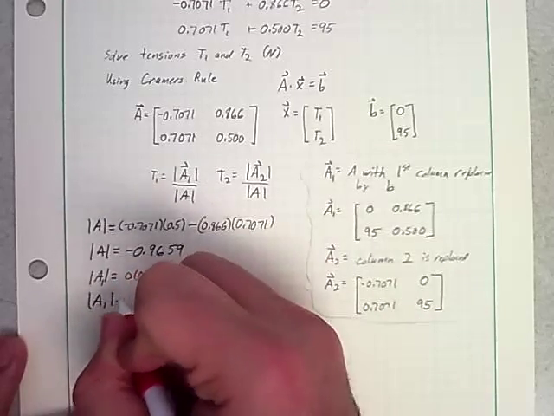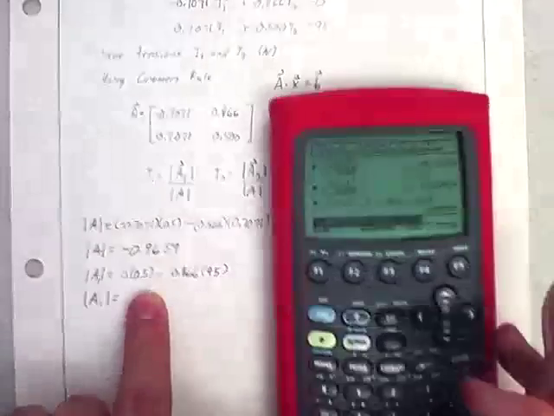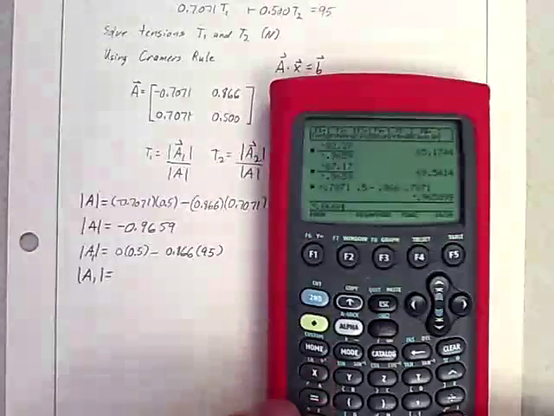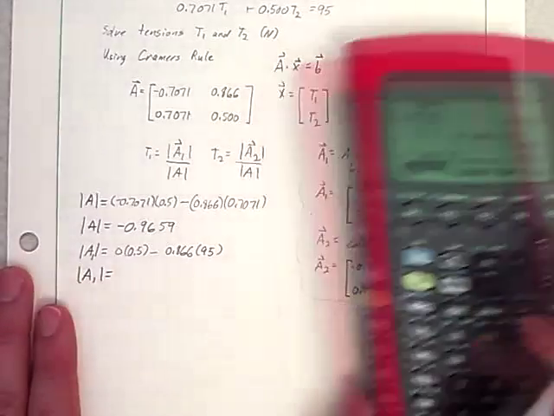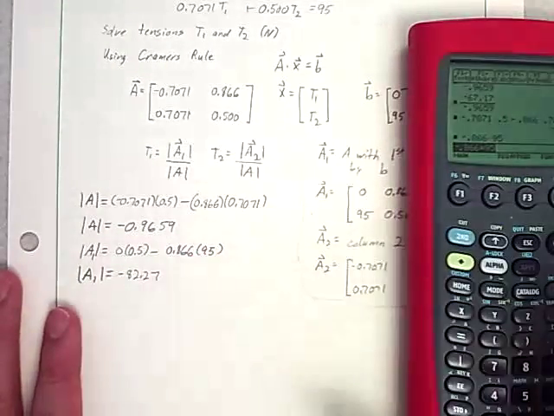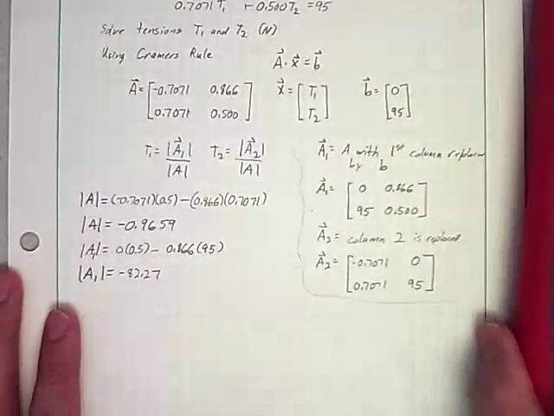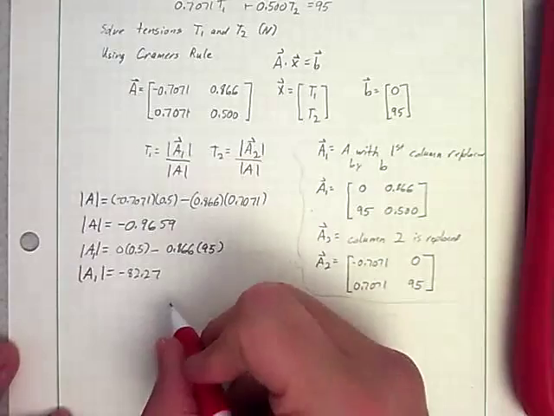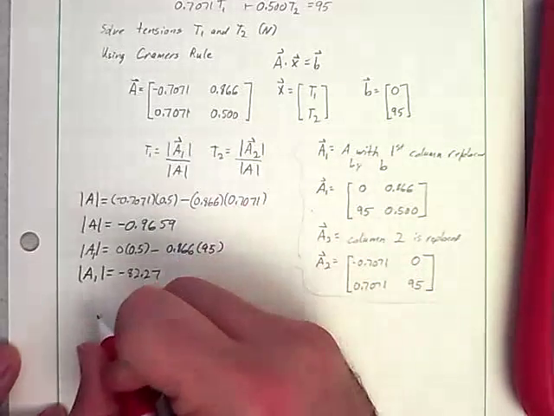For A1, I'm going to ignore that first part, so a negative 0.866 times 95, negative 82.27. And if you have already solved this using matrix algebra, the previous one, you'll notice that some of these things start looking familiar.